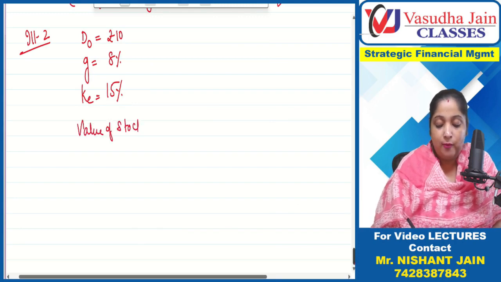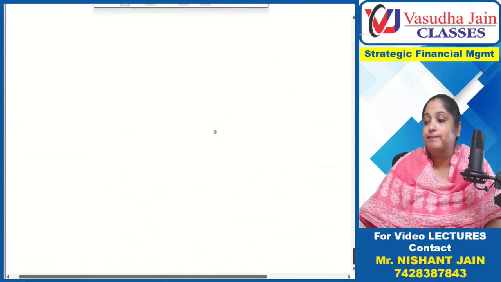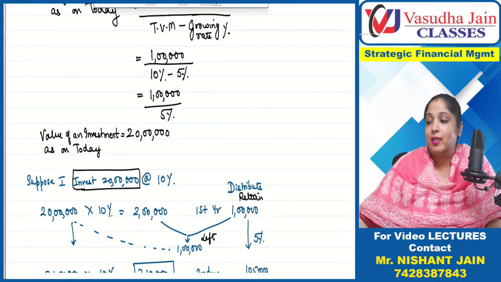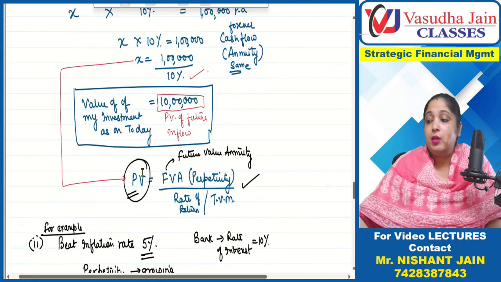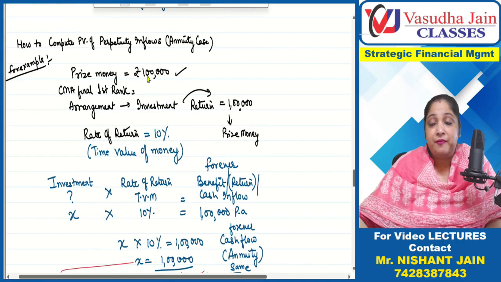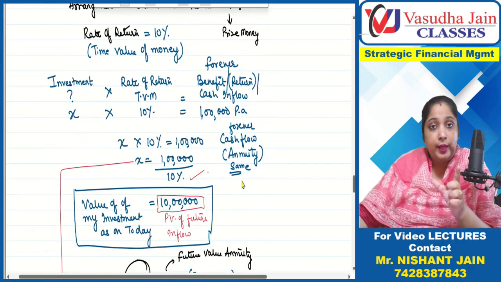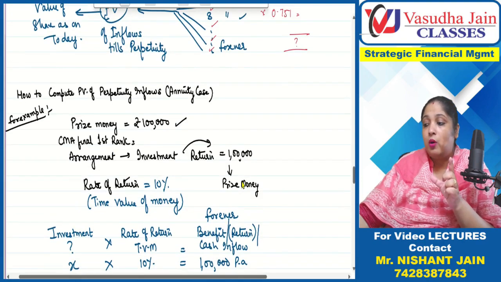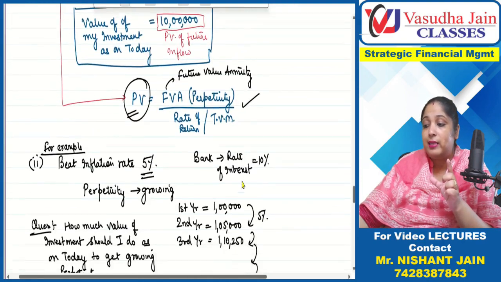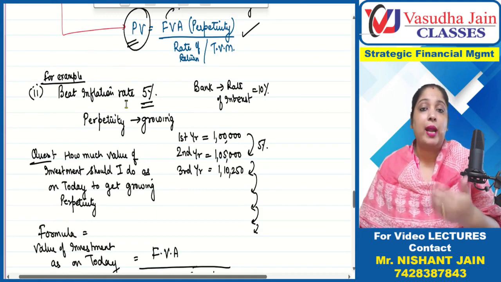So very simple. What formula have we learned? Let us go and check. When there are growing inflows, when you are getting benefits with a stated growth rate, in our example, if you remember, inflation was 5%, so we wanted the returns to grow at the rate of 5%.